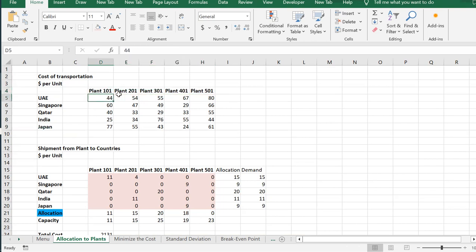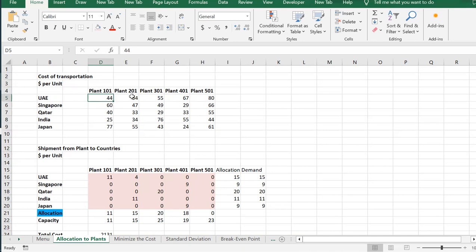and there is a certain cost of transportation involved per unit in US dollars, right? So if your customers are located in UAE, then from plant 101, it will take $44 to transport.